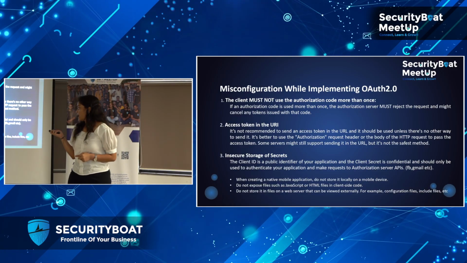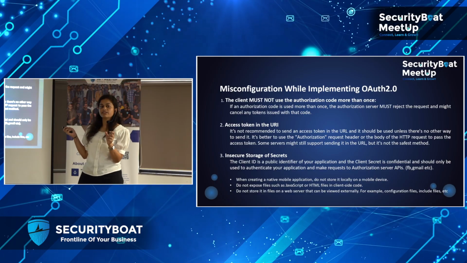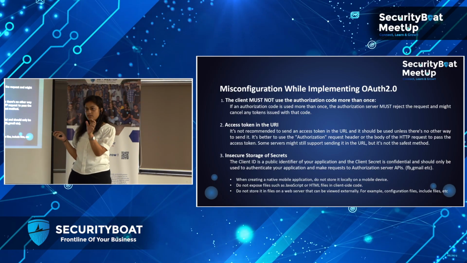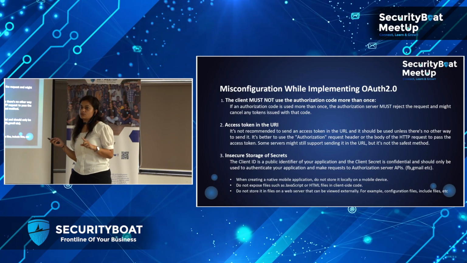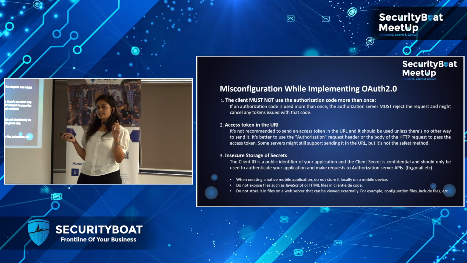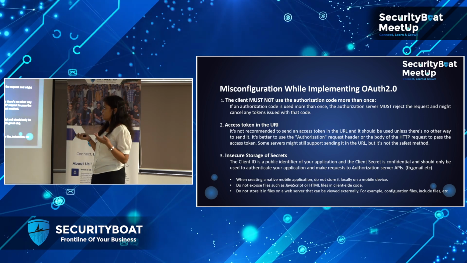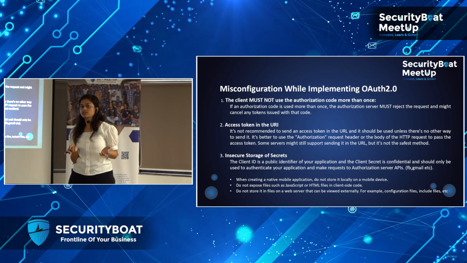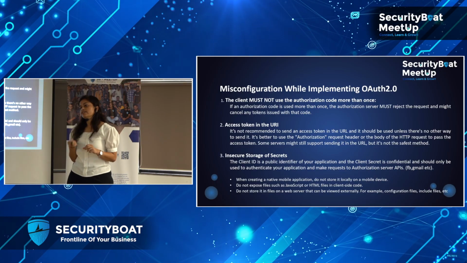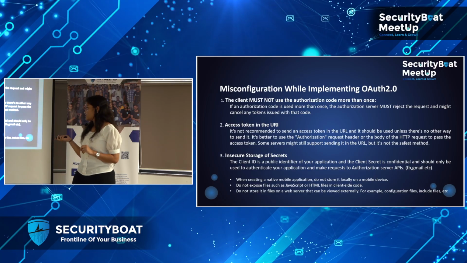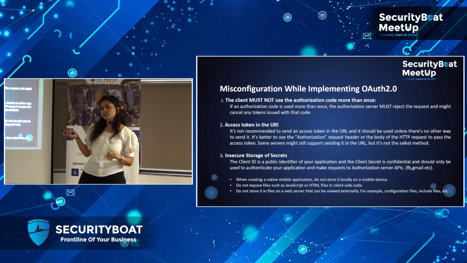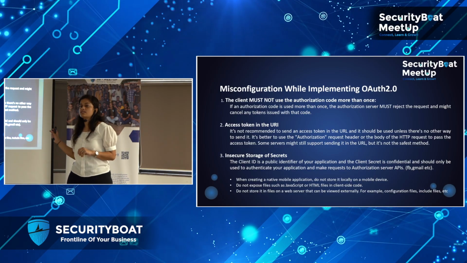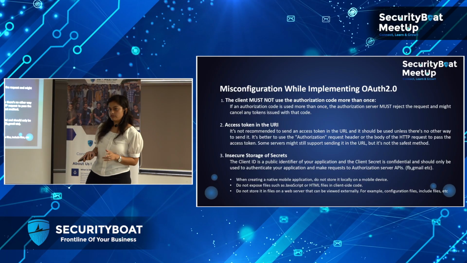Here we are directly giving the access token in the browser URL in the form of a URL fragment. This is not a safe way, and it is not recommended. And there is insecure storage of secrets. If your client application is not able to store the secret in a proper way, then it creates a risk. As an example, if your mobile application is storing the secret in a simple way on the device, that will not be a good way.